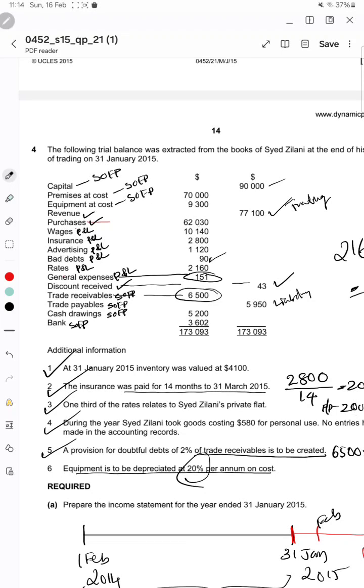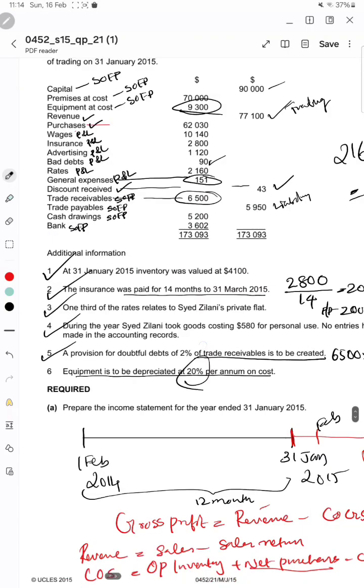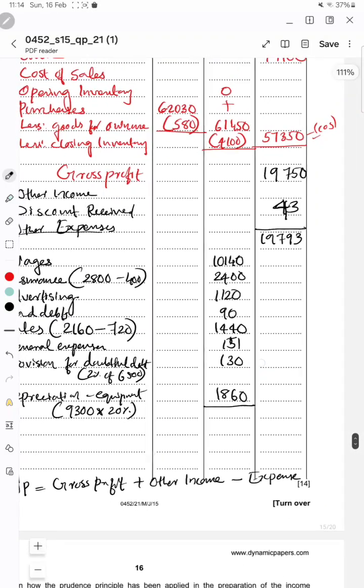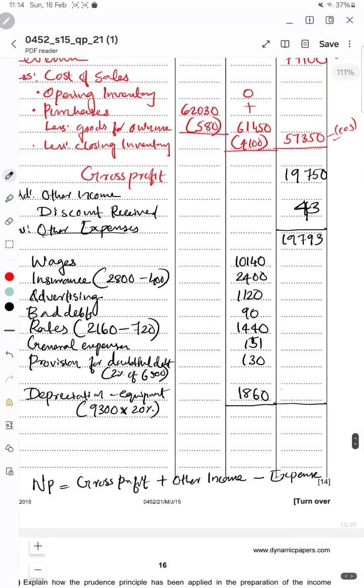Equipment at cost is 9300. So the calculation will be 9300 into 20%. So it will be 930 plus 930, 1860. Okay, now take all the expenses together, total all the expenses and post here.